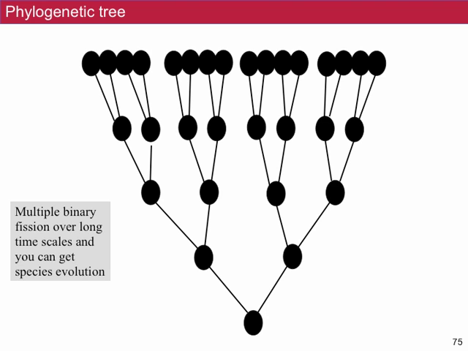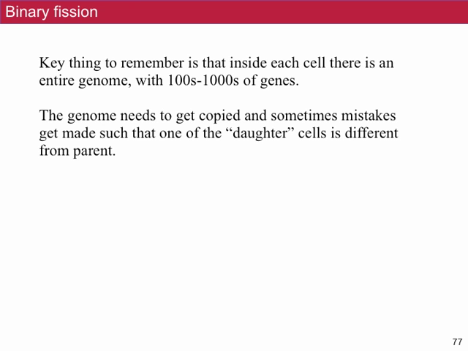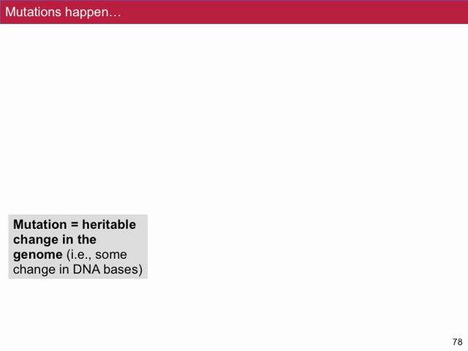So much of the time when the cell copies its genome it makes mistakes, in some organisms more frequently than others, and mutations happen. A mutation is a heritable change in the genome of an organism. So you start out with binary fission, maybe all things work the first time, and then occasionally you get a mutation in one lineage.